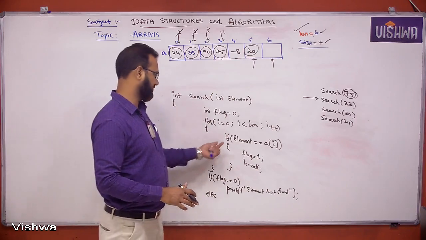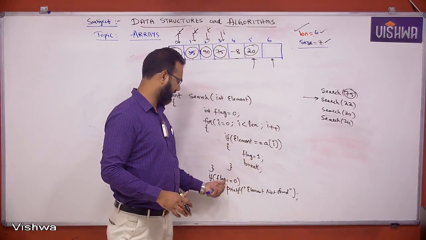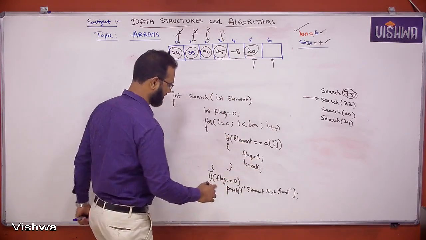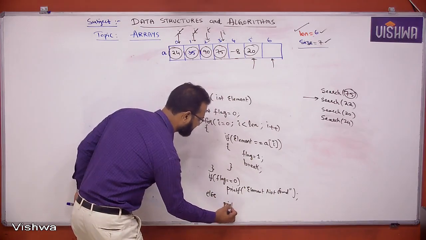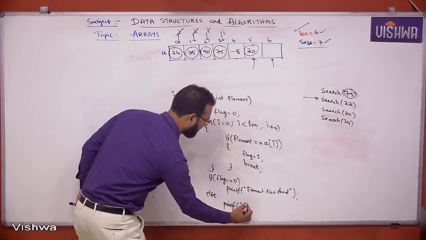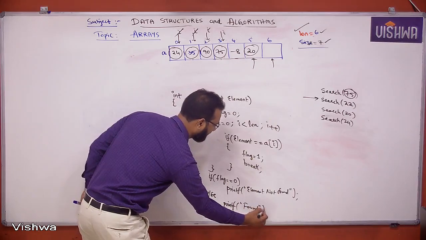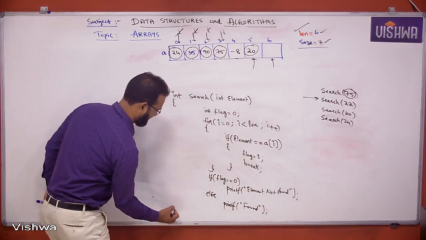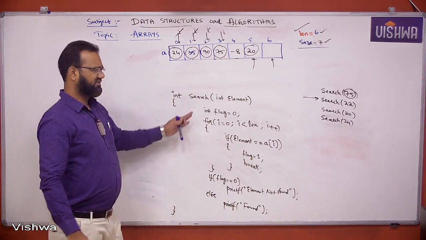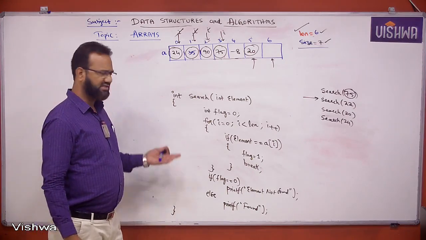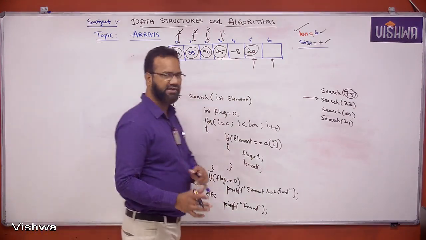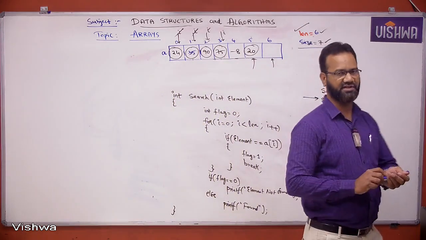Other than 0, yes, 1. 1 means it's true, so the else part will be executed and you will give a message to the user that element found. This is one of the logics that is applied for terminating the loop without further proceeding.